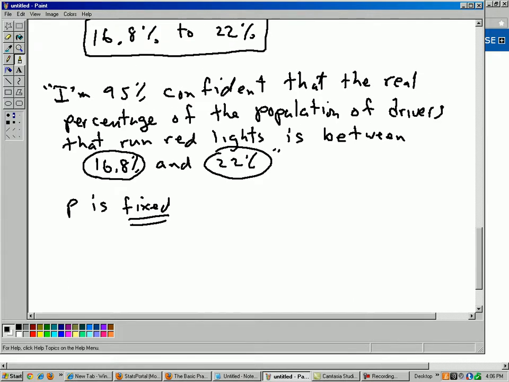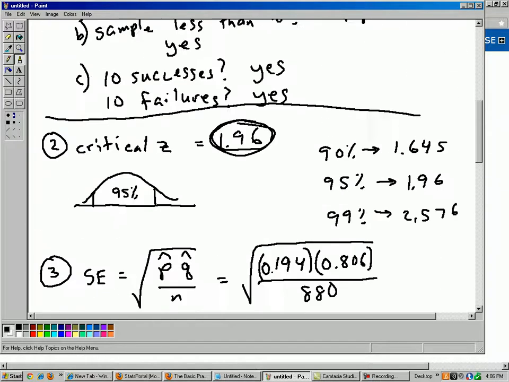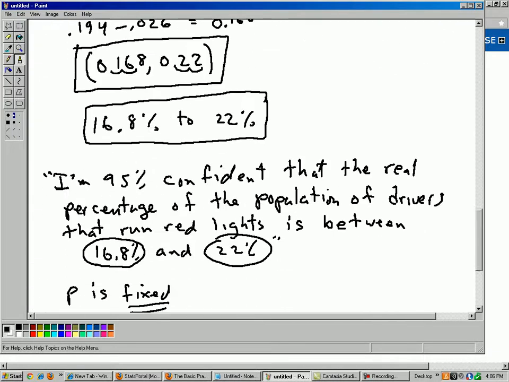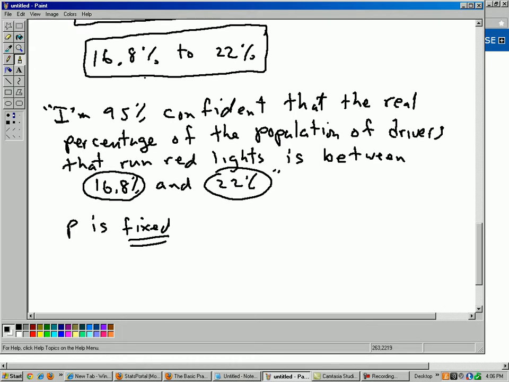You can also interpret it as a success rate using this technique that I just did here. Doing all this stuff with various p hats from various random samples, 95% of the time, my confidence interval, whatever it turns out to be, captures the p. So I'm 95% sure that this interval has captured the p. And that is it.